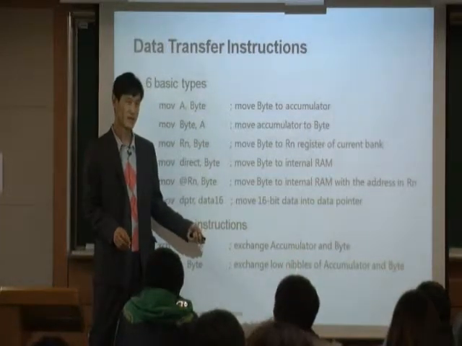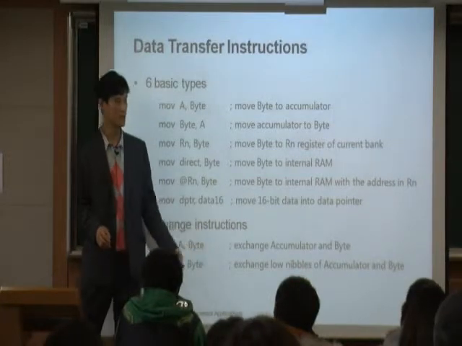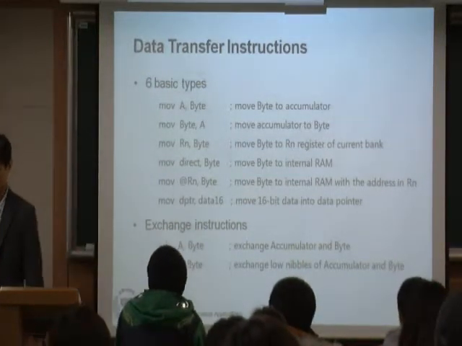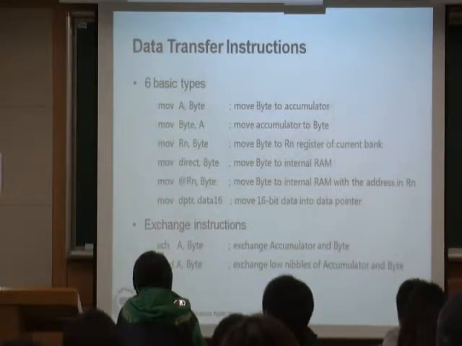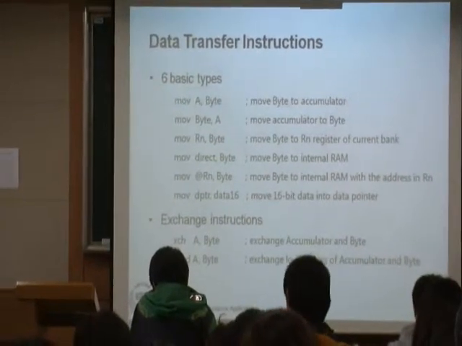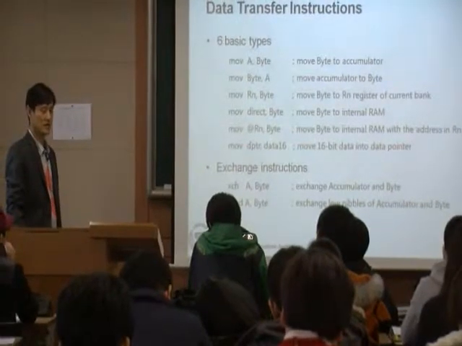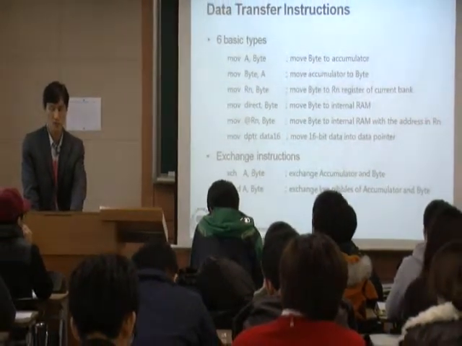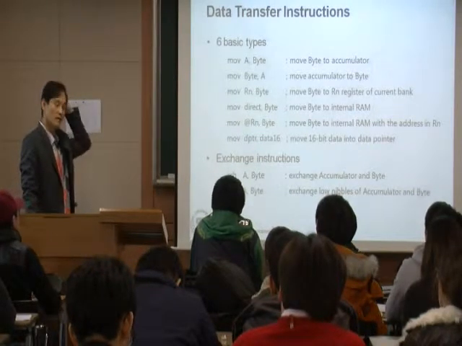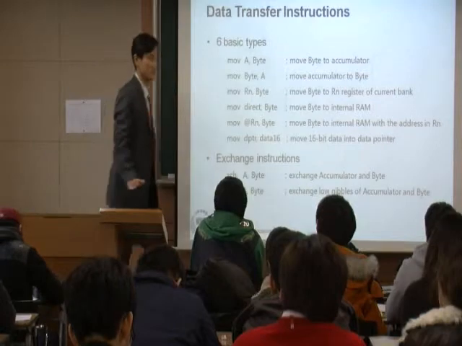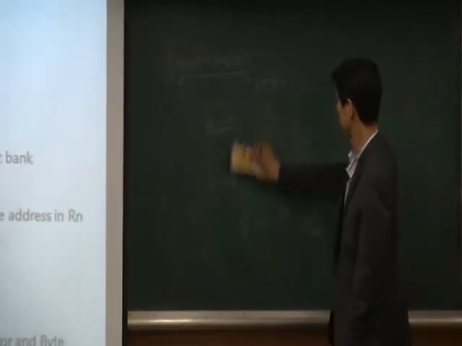What is a nibble? Have you heard of a nibble? Maybe these days, you probably don't have a chance to hear about the nibble. You know byte, right? Byte is 8 bits. What is 16 bits? Generally, 16 bits we call a half word. 32 bits is a word.